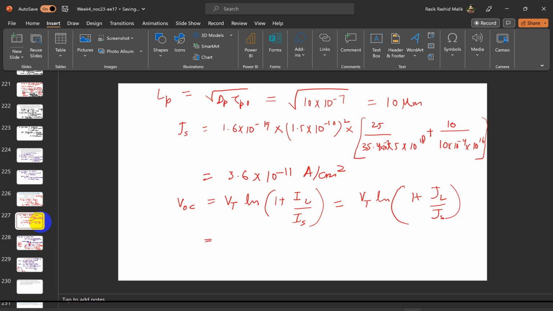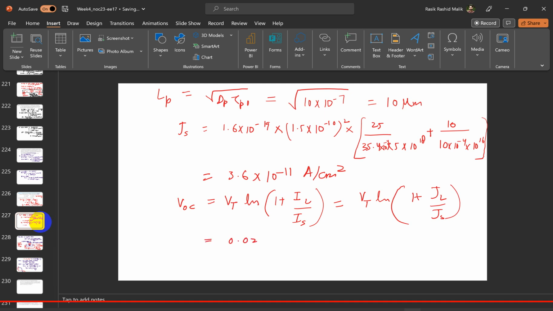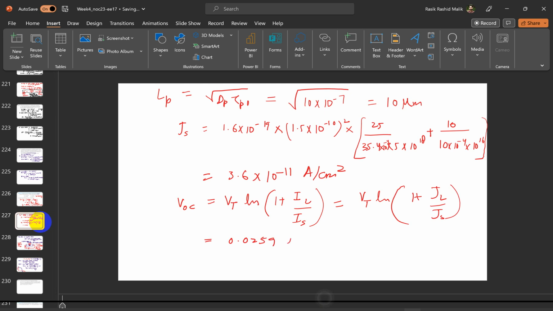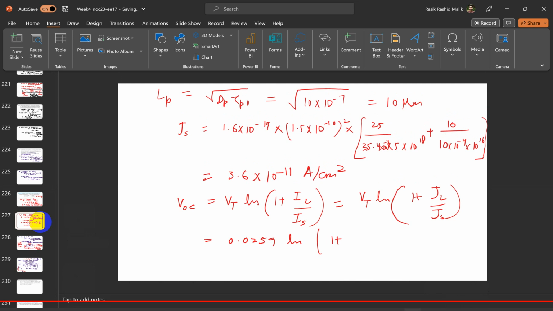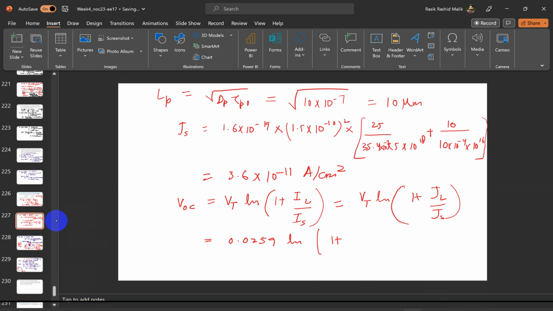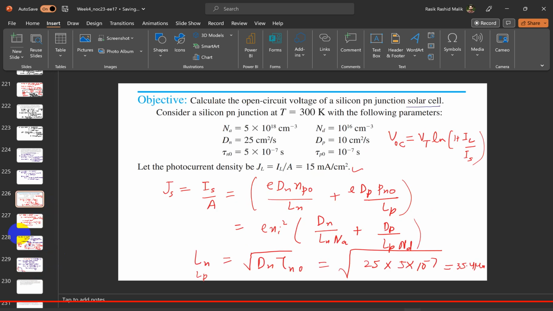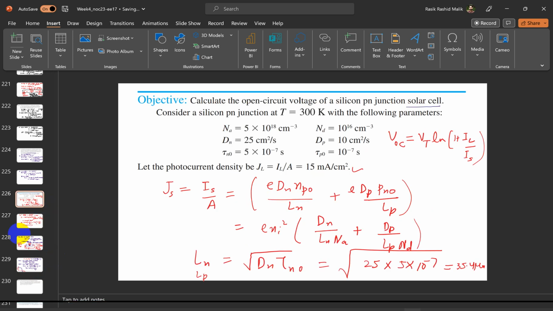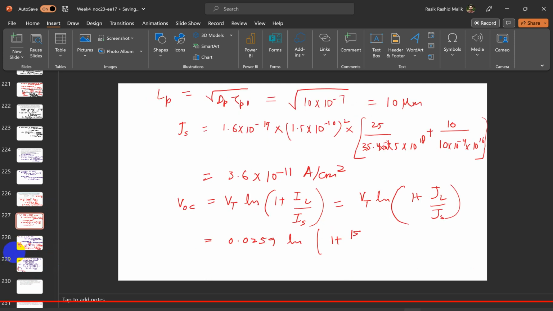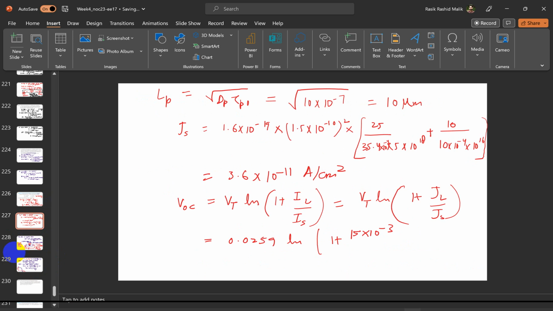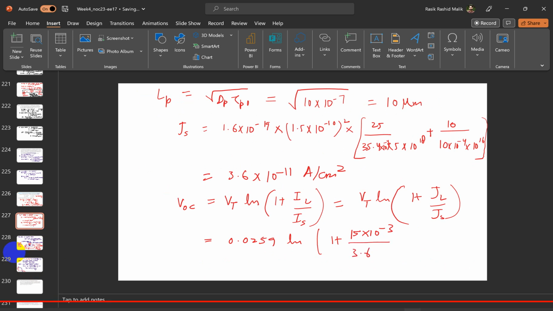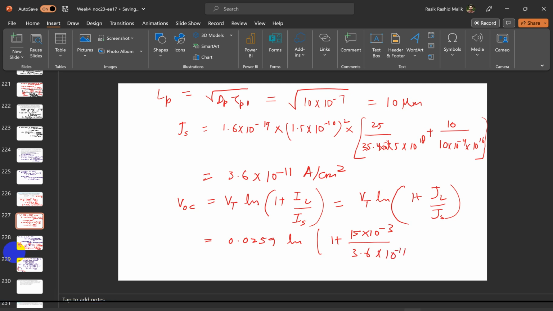So that is simply 0.0259 ln of 1 plus JL. JL in the question is given as 15 into 10 power minus 3, divided by the reverse saturation current, that is 3.6 into 10 power minus 11.